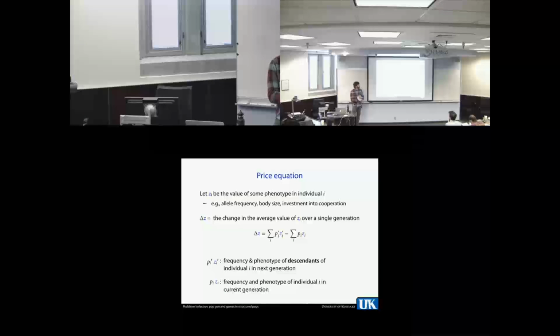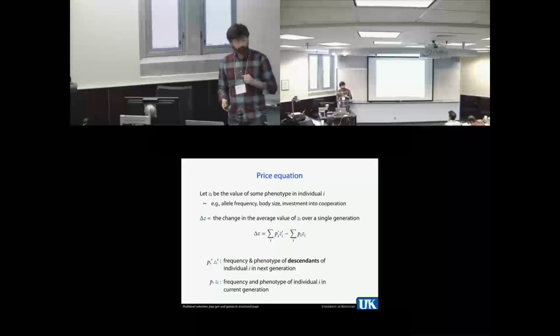The change is then just those same individuals in the next time step, what their body size is. That body size could be the same, or it could have changed because of a mutation, and then the frequency of those types in the next generation. You just average those up and subtract them from what they were initially. That's just writing down, by knowledge of how a population changes over time, what that delta Z should be.